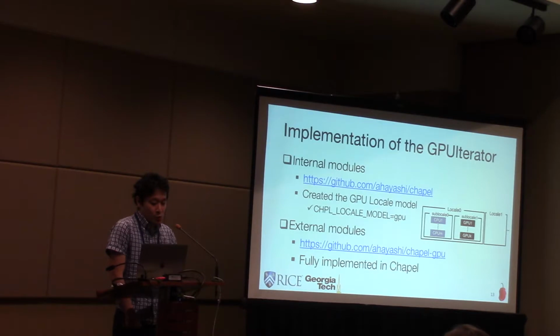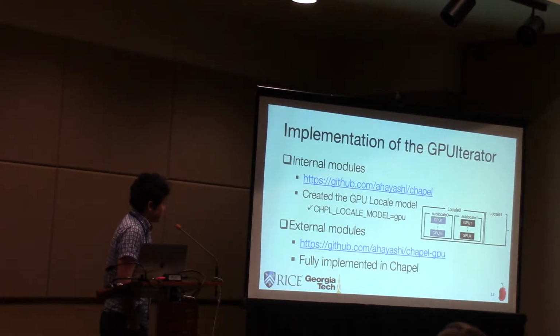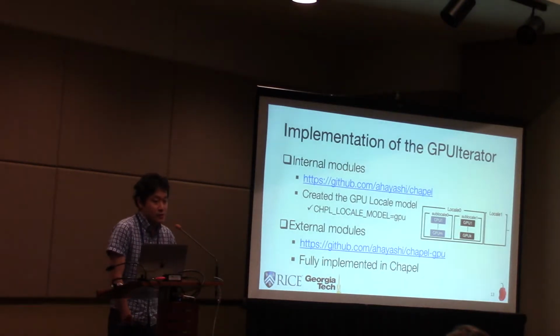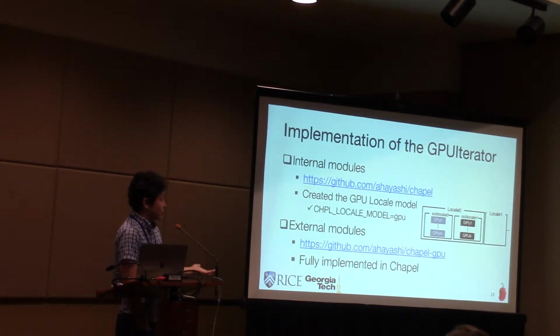This is a really technical detail, but to enable the GPUIterator, we created a new locale model, which contains two sub-locales, CPU locale and GPU locale, so that the GPUIterator is internally aware of these processor elements.